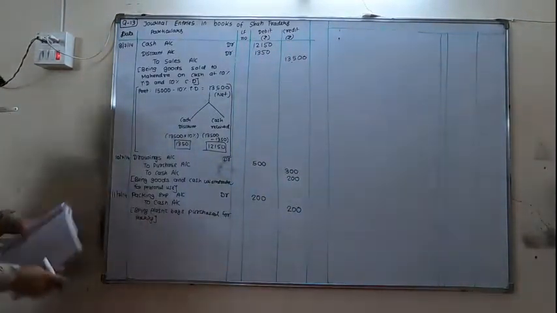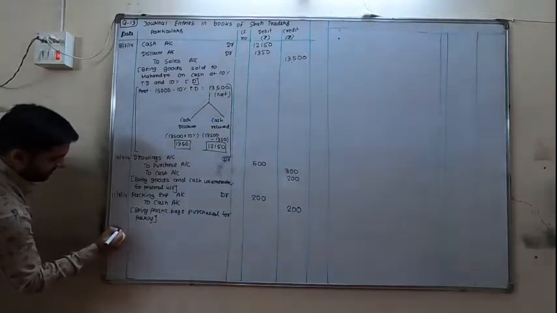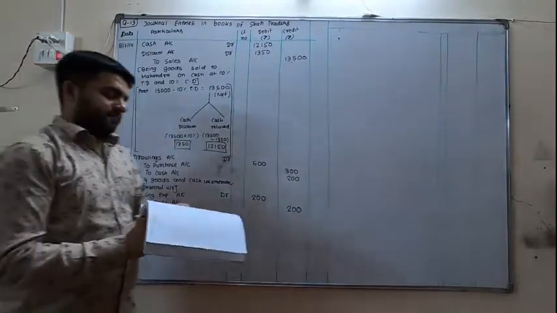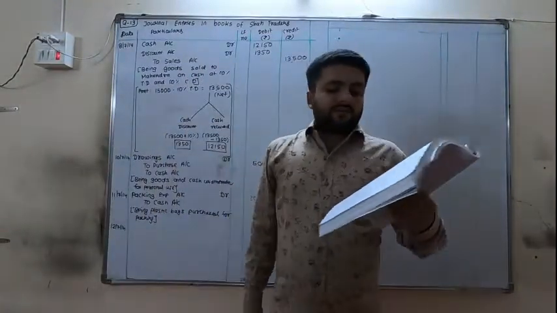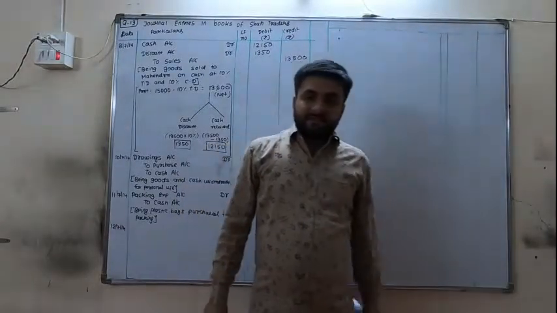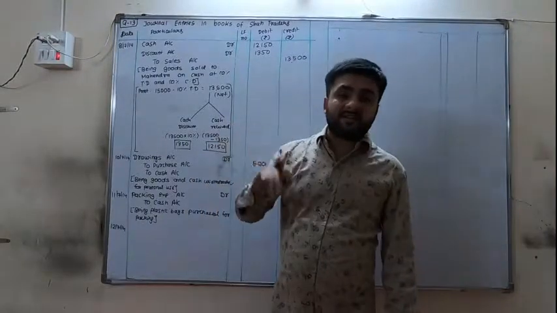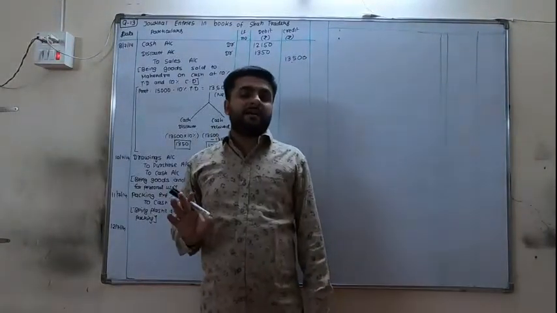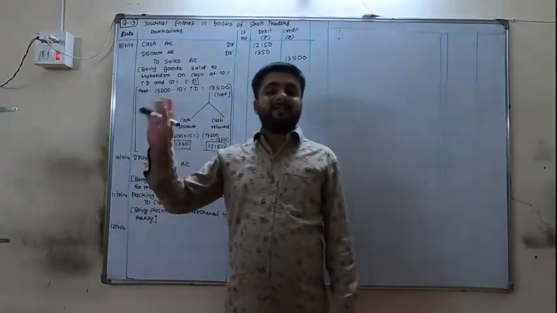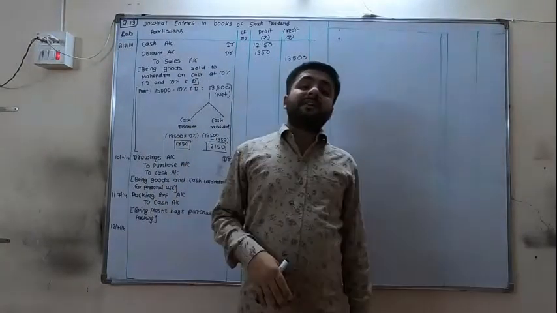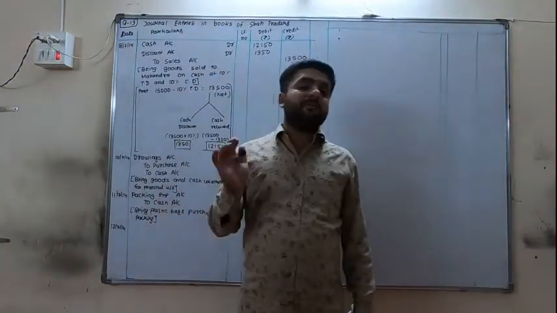Next date is 12/7/40. 2,000 paid by cheque for salary and wages. We have paid by cheque for salary and wages. So salary and wages is our expense, but it is given as one name only. So expense is debit, so salary and wages will be debit. We have paid the expense through cheque, so bank should be credited.